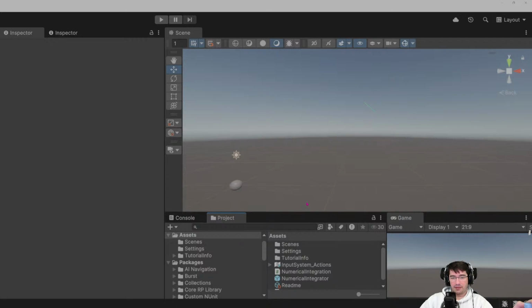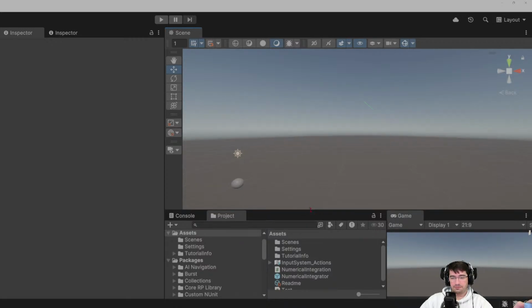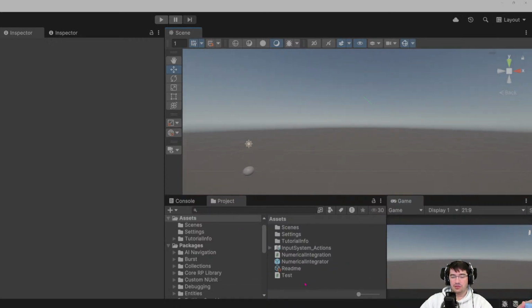Basically, there is no need for the physics. There is no need for the colliders and stuff like that. So I'm just trying to do basic movement, and then I will merge it back with the collide and slide for the collision response.